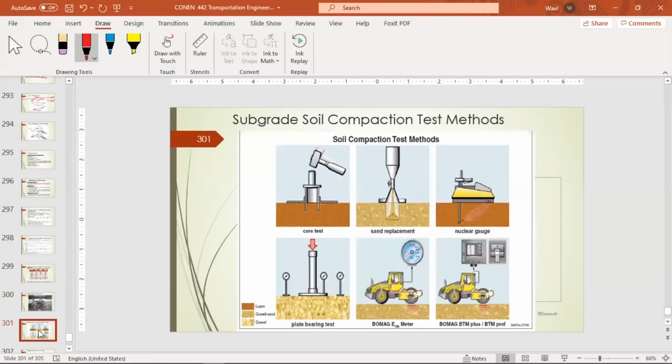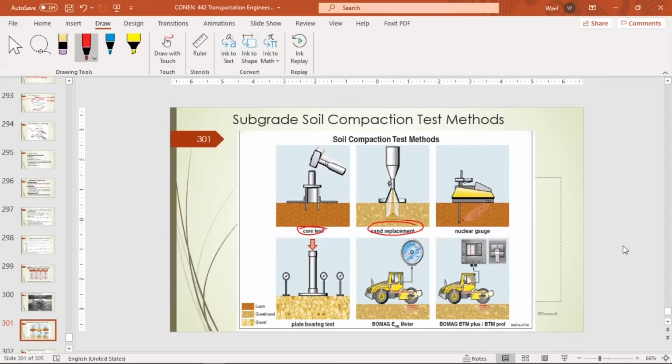Okay, so how can we measure compaction? There are several test methods. We have what we call the core test. We have the sand replacement, which is the sand cone test, and there's the nuclear gauge. This is based on nuclear estimation for the compaction of the soil.